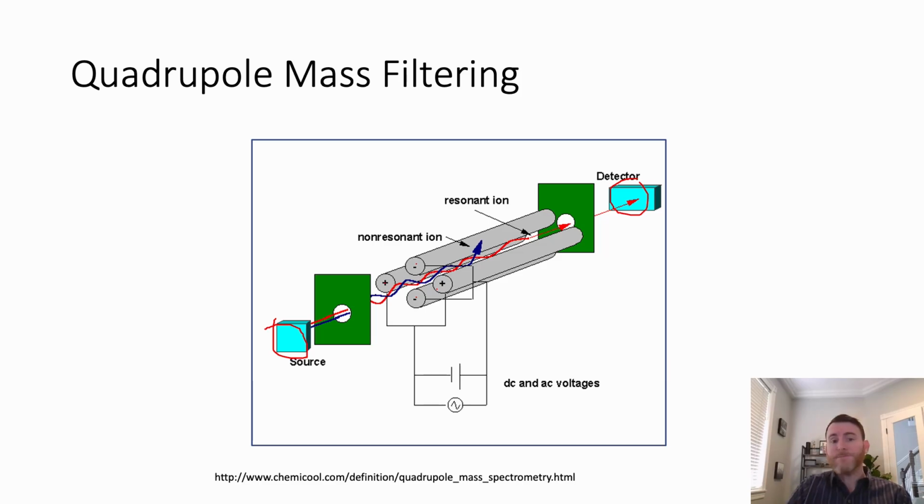The other thing I want to call out is that anything that is neutral, so anything that was not charged, has no real attraction to any of these poles and ends up falling out of this pathway before it reaches the detector. So again, you are now only identifying ions that meet that specific criteria that you have asked the mass spectrometer for.